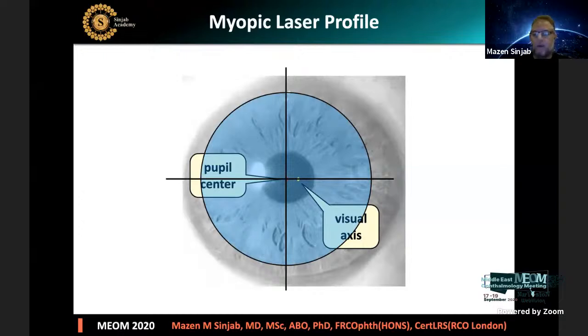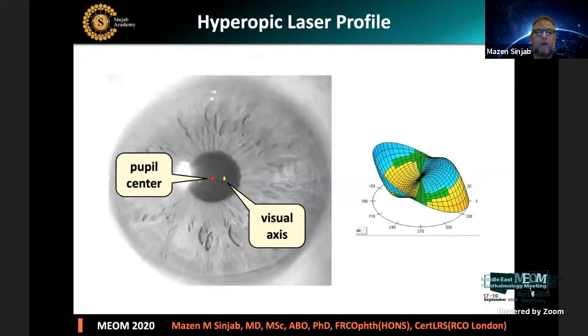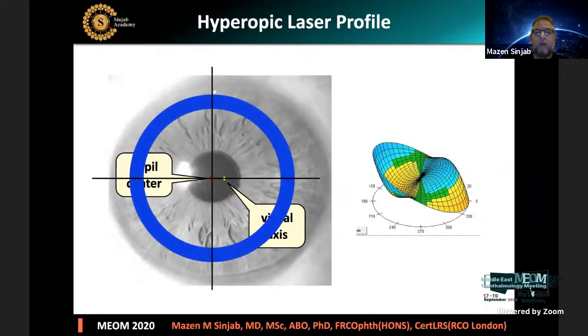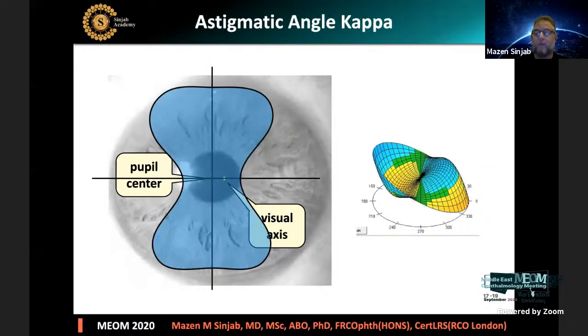Now, if we are treating myopia, we are covering the whole area, so it wouldn't be a problem. But if we are treating hypermetropia, if we don't centrate it with the visual axis, then we are going to induce coma. The same can be said if we are treating astigmatism.